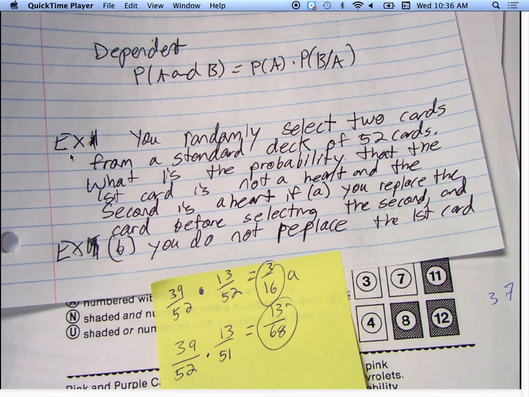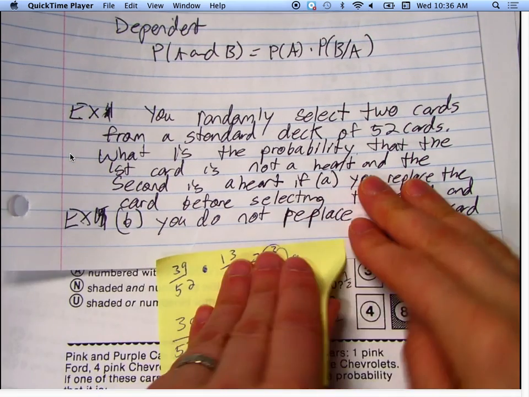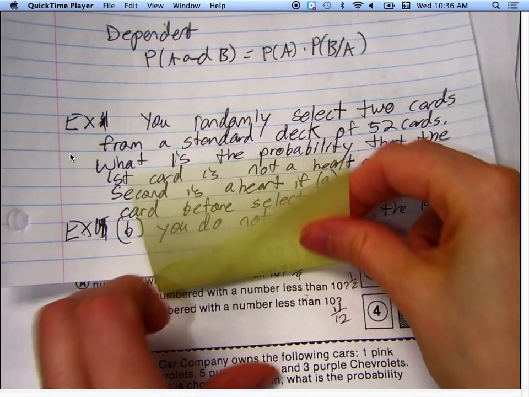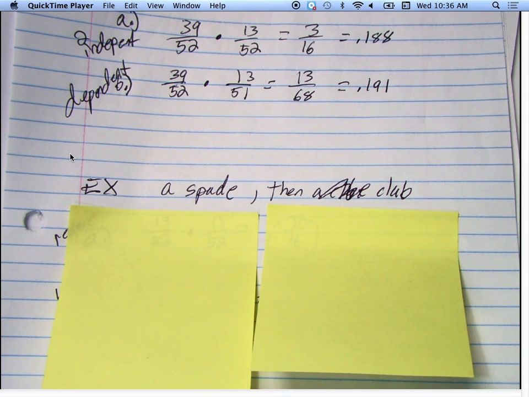Questions about those? Okay. I'm going to ask you to do another one. Are you ready? Same kind of thing with cards. But now I'm going to say a spade and then a club.